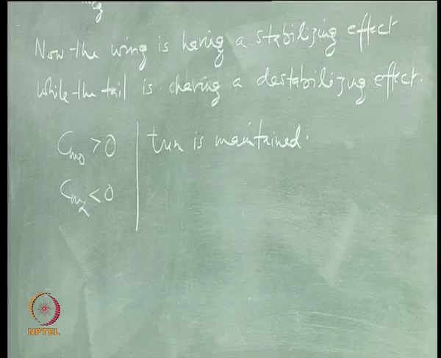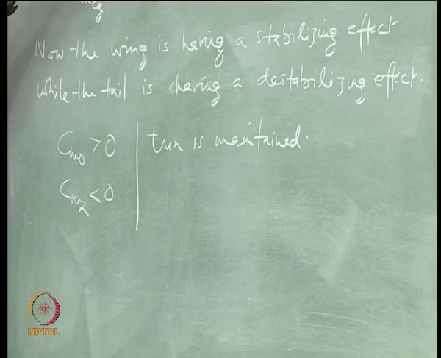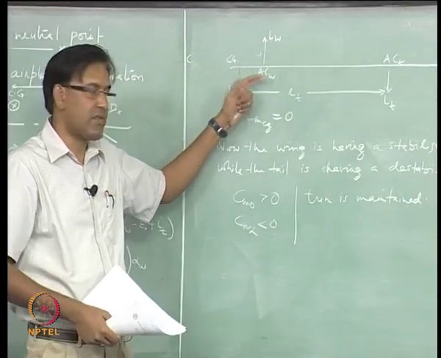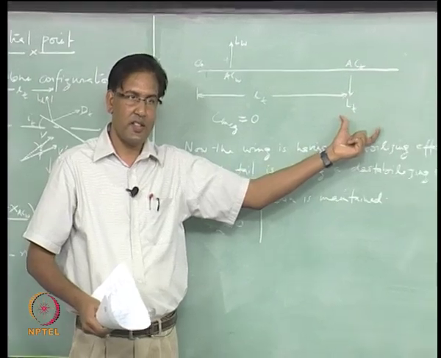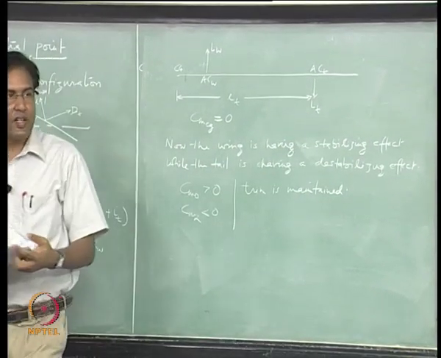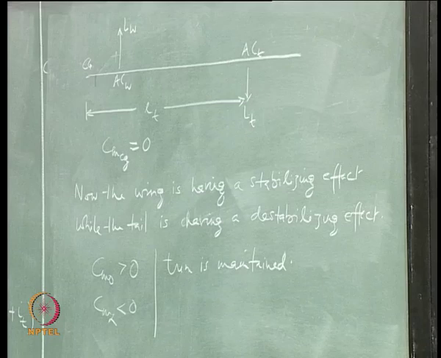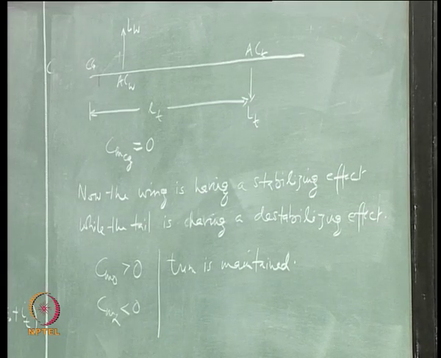So, mathematically we can prove that CG can go beyond this aerodynamic center of the wing, right, ahead of this point, if the lift can be maintained negative at the tail. Question is, would you want such an airplane?